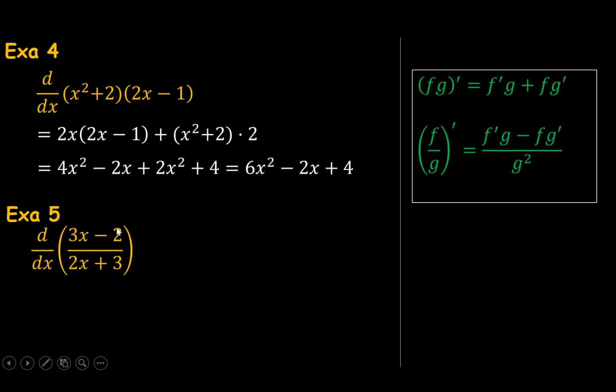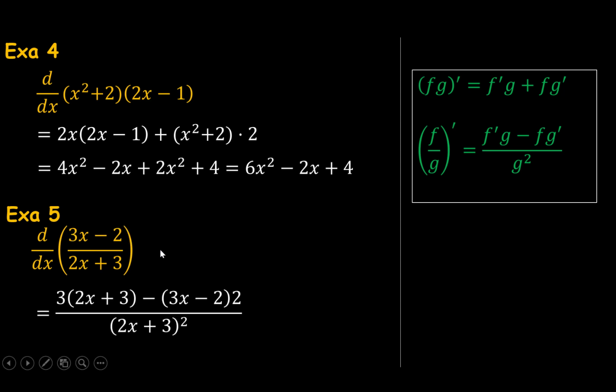In this case, the derivative of 3x minus 2 is simply a 3. So 3 times g, which is 2x plus 3, minus f(x), which is 3x minus 2, times g prime, and that is equal to 2. And then the denominator is just the square of 2x plus 3.